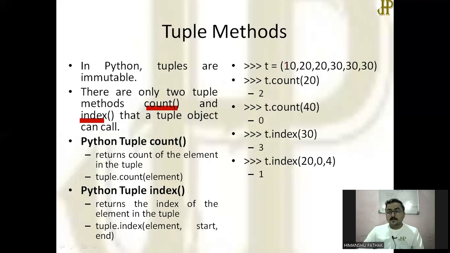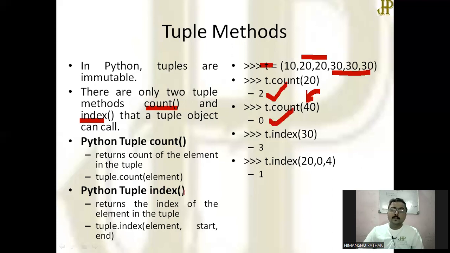Like this, there is a tuple T where 10 occurs once, 20 occurs 2 times, and 30 occurs 3 times. Now I am going to count 20. So it will return 2. Why? Because 20 appears in the tuple 2 times. Now I am going to count 40. So 40 is not available in the tuple T, so it counted 0.